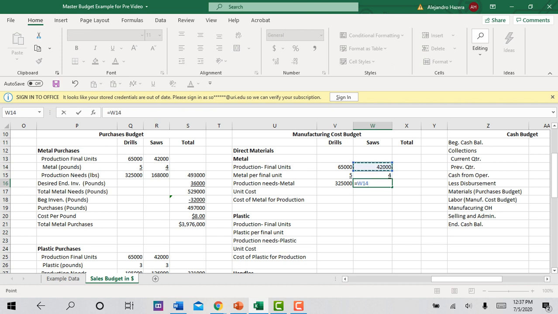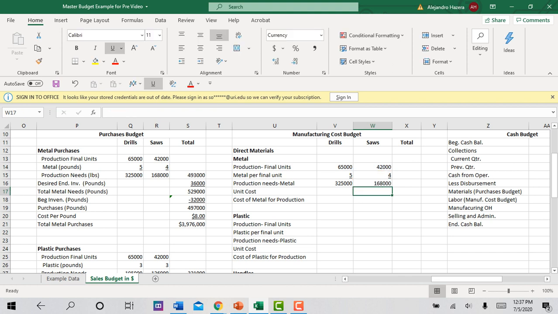Then we're going to have 42,000 final units of saws times 4 pounds per unit. So we're going to have 168,000 pounds of metal that go into the production of saws.